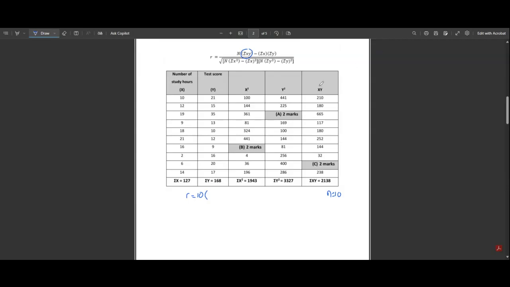Okay, so we find xy in the table, and we've got the sum. We're just going to fill that in. 138, sorry, that's skew. Okay, and then we need the sum of x. See, that's this one. 127. And then the sum of y, also calculated for you. Lovely, 168.